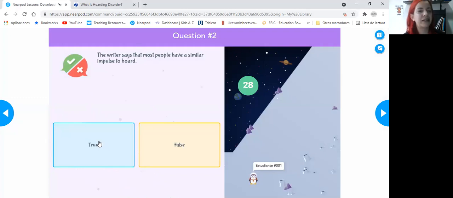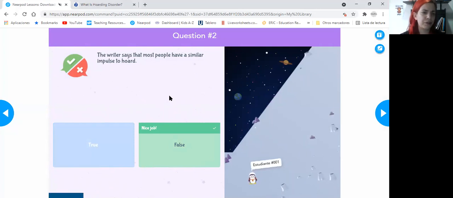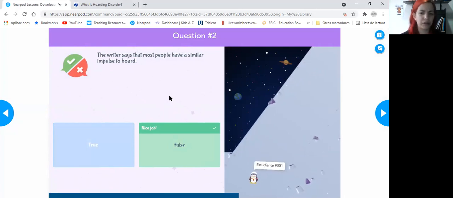Sharon, that's right. The writer says that most people have a similar impulse to hoard. Is that correct? Exactly, it's completely false. The writer doesn't say that at any moment.